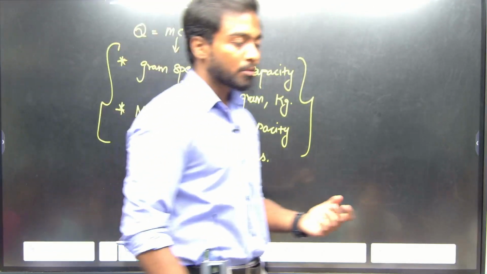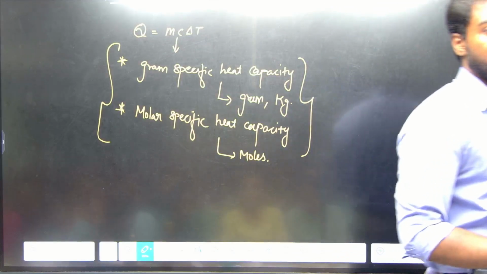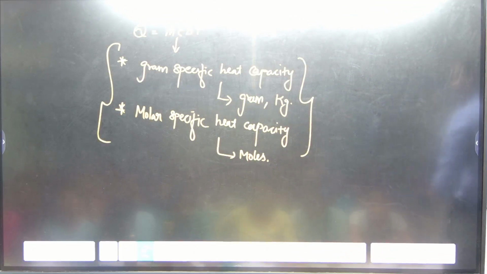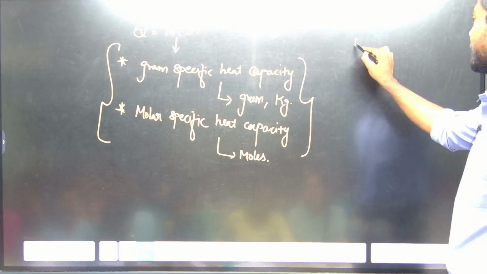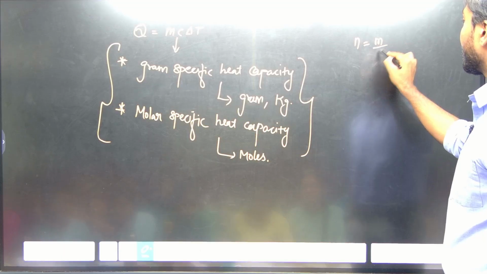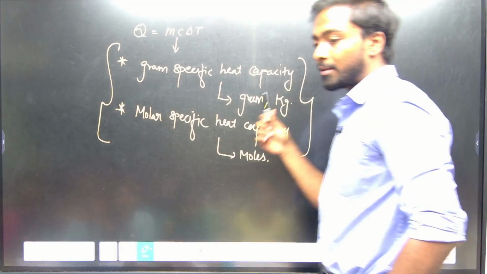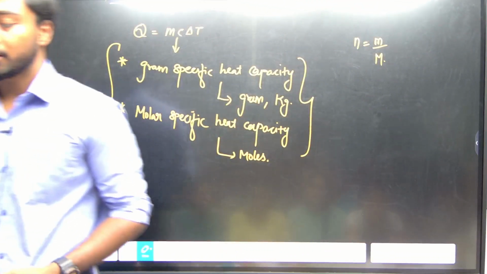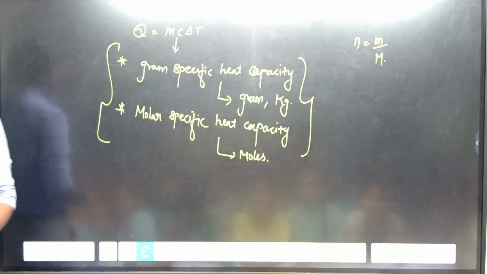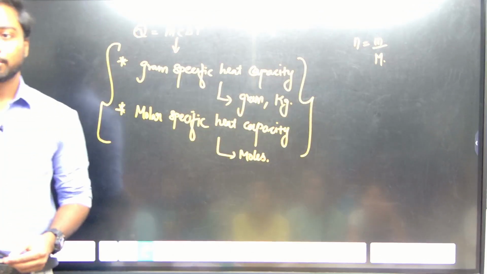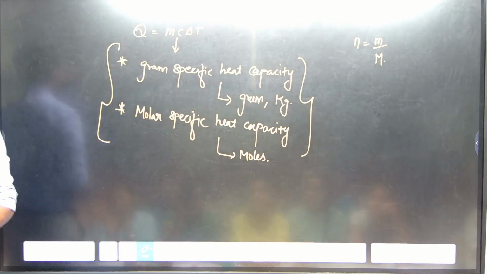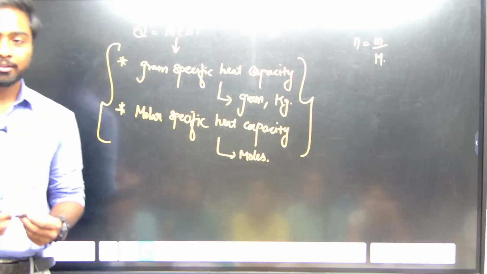You have learned about this Cp and Cv in chemistry, right? And what is the formula for n? n is equal to m by capital M, given mass by molecular weight. Suppose 10 gram of oxygen, what is the number of moles? 10 by 32.